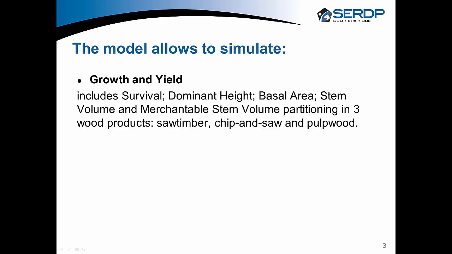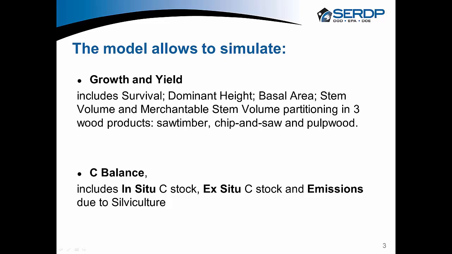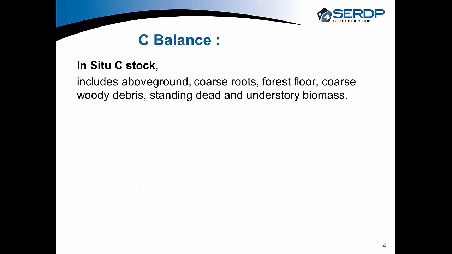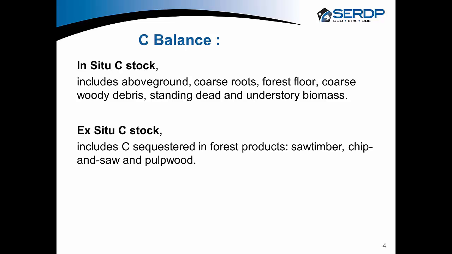The carbon balance part of the model, which includes in situ carbon stock, ex situ carbon stock, and emissions due to silviculture. In situ carbon stock includes above ground, coarse roots, forest floor, coarse woody debris, standing dead, and understory biomass. Ex situ carbon stock includes carbon sequestered in forest products in classes of saw timber, chip and saw, and pulpwood.